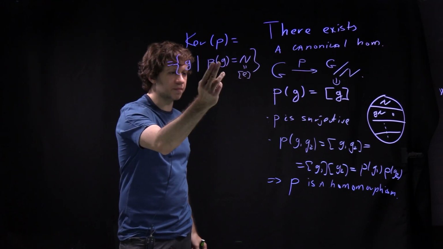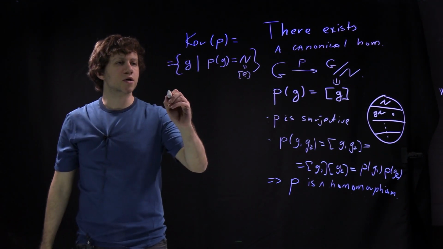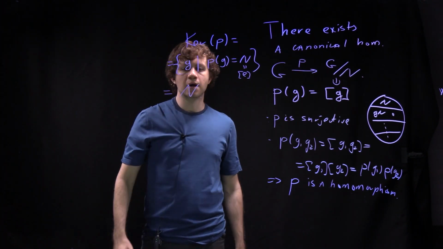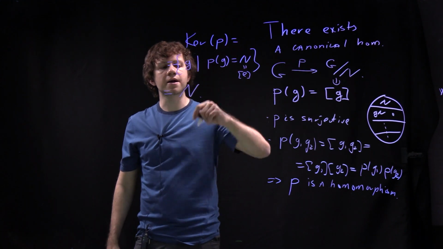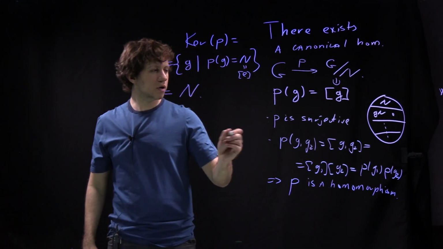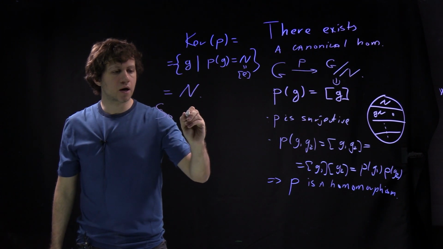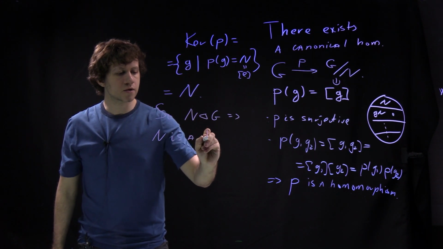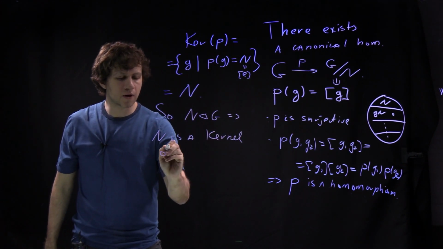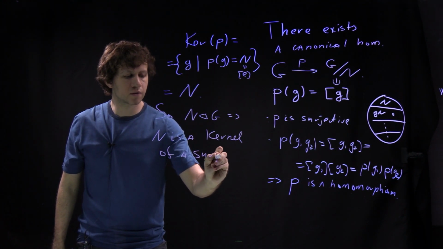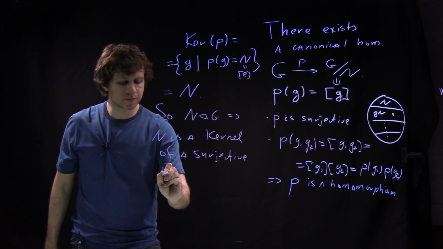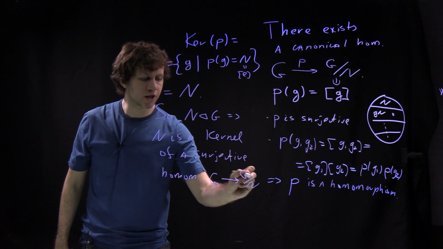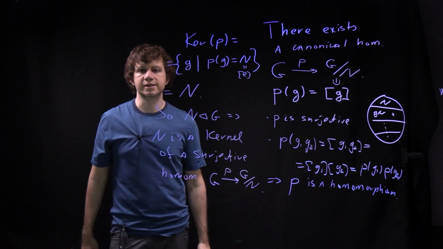But P just sends every element to its coset, so it is the set of elements G such that they are in N. And thus we get that the kernel is N. So every normal subgroup: if N is normal in G, then N is the kernel of a surjective homomorphism from G to G over N, which I denoted by P. That's it.